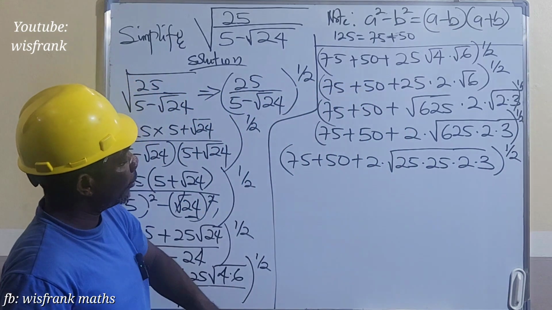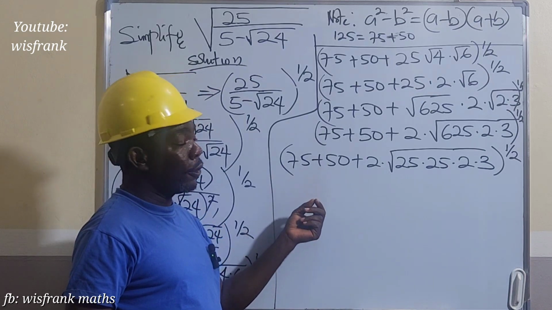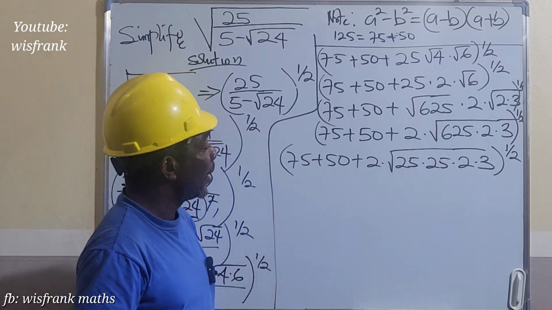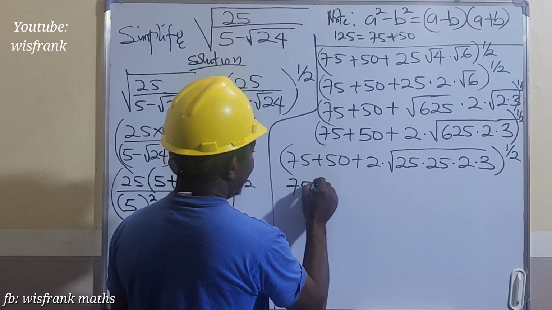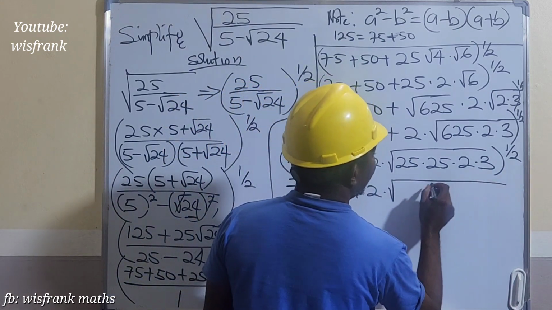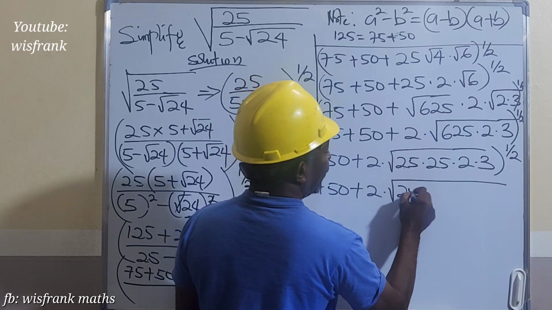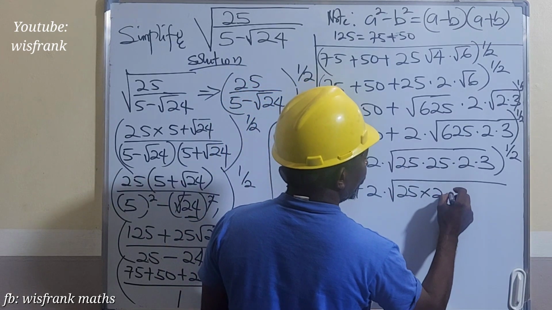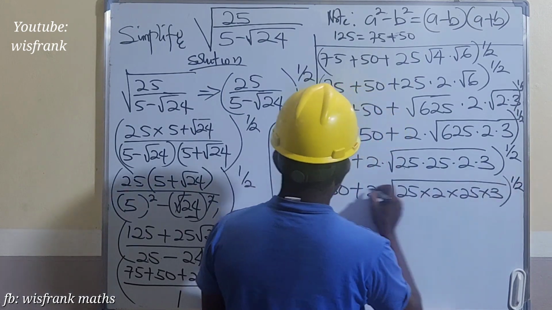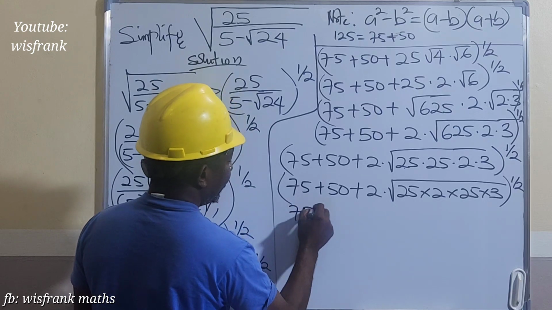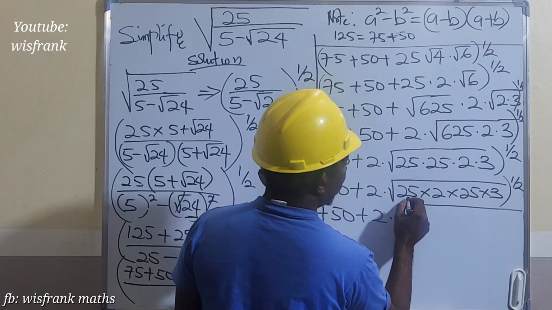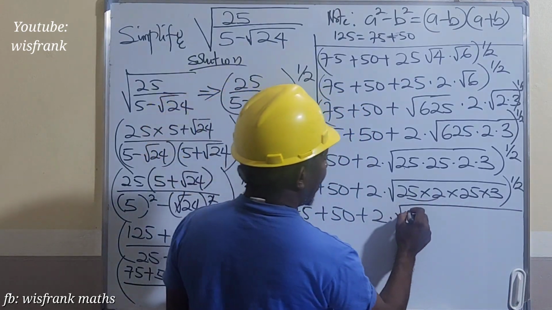So that is what we have. What we are driving at is for us to have 75 and 50 inside here. So this is the same thing as 75 plus 50 plus 2 times square root of, if we multiply 25 times 2 times 25 times 3, all to the power of 1 over 2, then we have this as 75 plus 50 plus 2 times square root of, we multiply 25 times 2, we have 50.